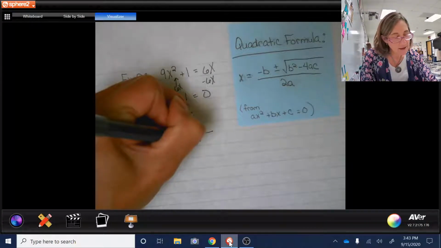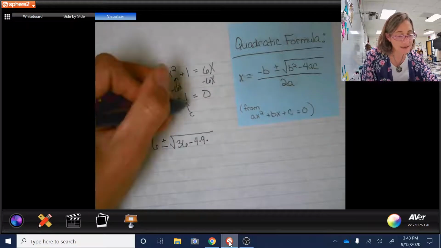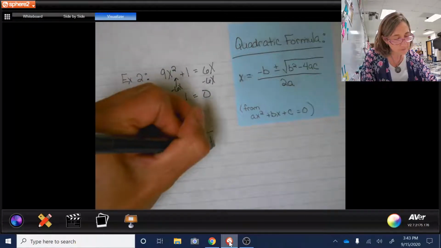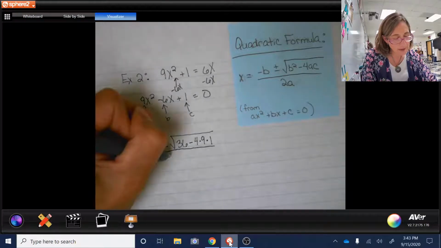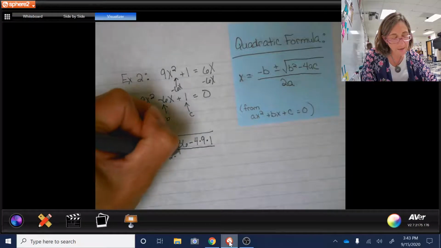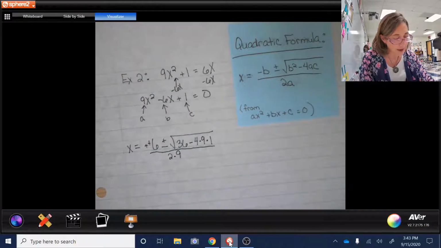Minus 4 times my a is 9 times my c is 1, all over 2 times a. So that would be 2 times 9 in this case. So I've got everything filled in. Now I just need to clean it up and do the math.